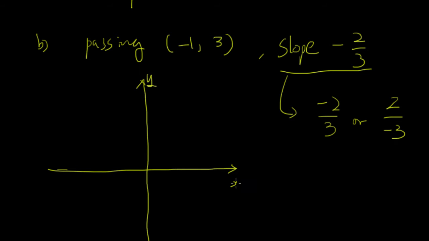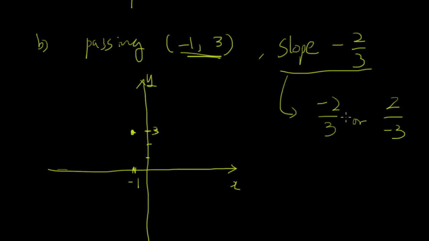Y-axis, x-axis, starting from the given point. So negative 1 and 3. 1, 2, 3. So this is 3 and that's negative 1. And we start from this point.